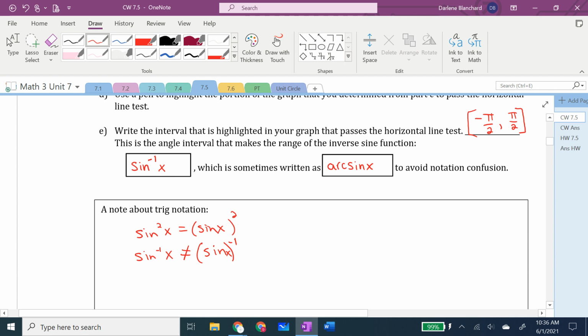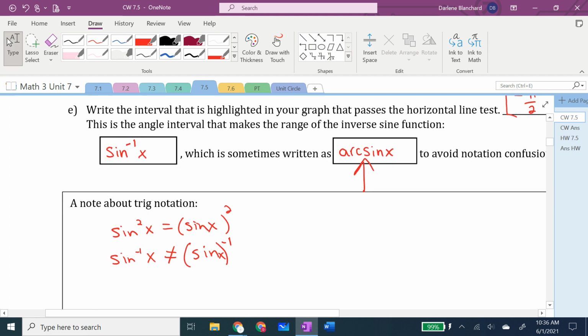It's a very poor choice of notation that we have to deal with. So often you'll see it written as arcsine because of how confusing this notation is for people. I wish they would just flat out switch over and choose to use this notation, but textbooks, unfortunately, use both.